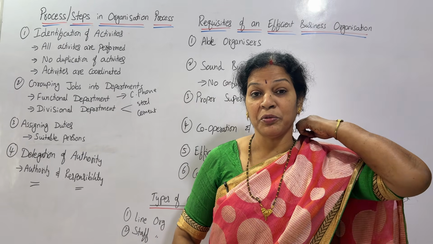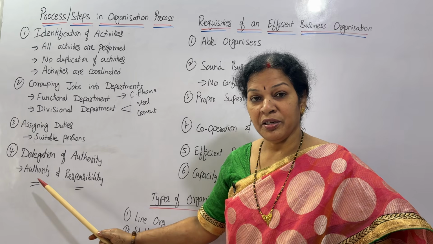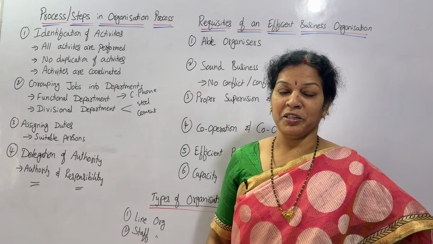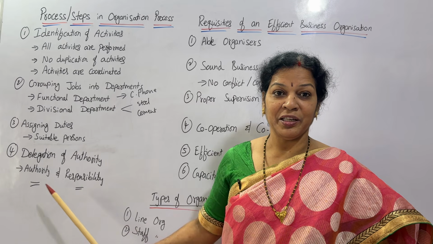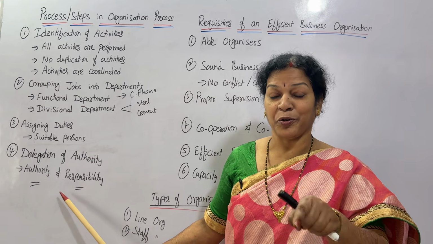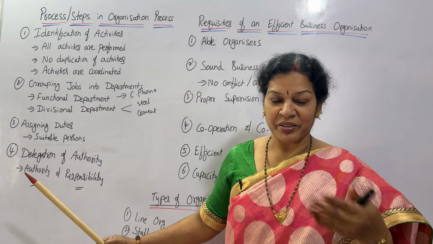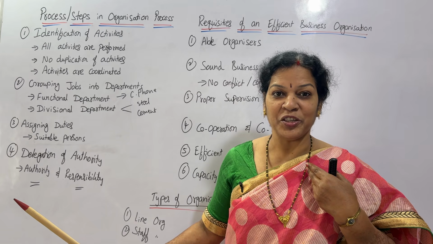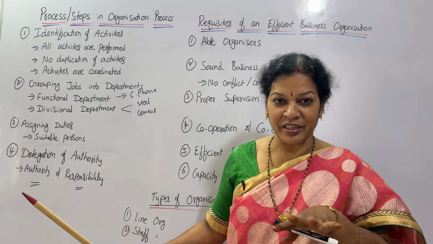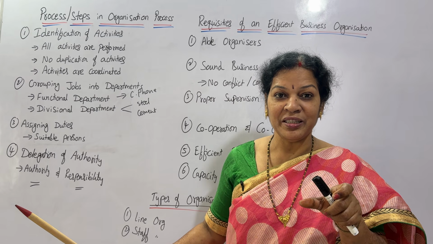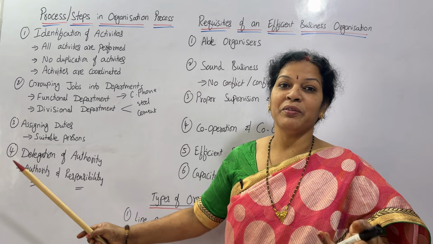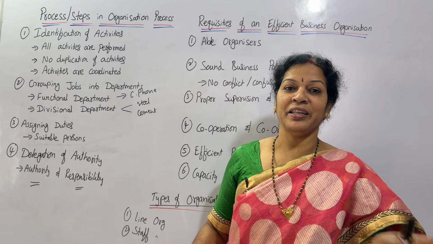So always remember authority along with responsibility. Responsibility means they are accountable. If anything happens, I'm responsible. This is my job, I have to do it. This particular area is mine. That kind of alertness, responsibility, comes whenever you assign both authority and responsibility.